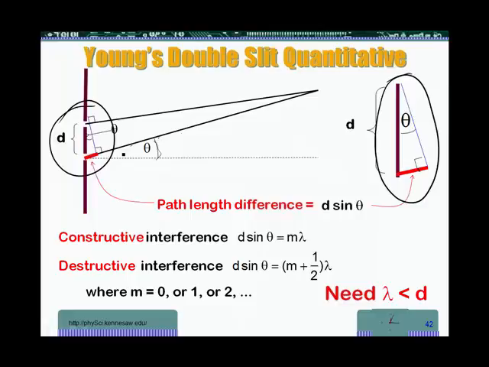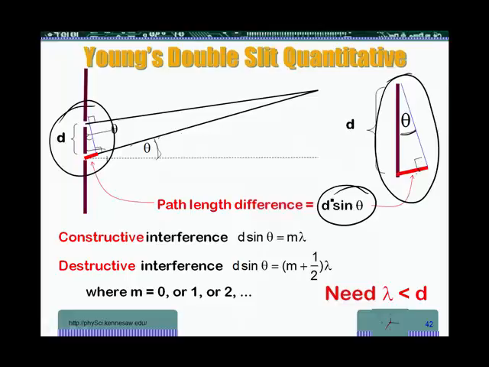If this angle here is theta, and this angle is 90 degrees, and this angle is 90 degrees, that makes this angle also theta. Once we agree on that, what's my path difference? Since it's opposite to the angle, it is just d sine theta.